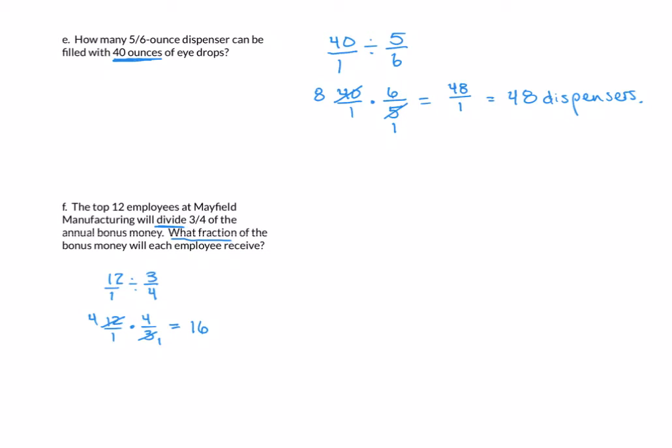So what we need to do is actually start with the annual bonus money, or the fraction of the annual bonus money, and we want to divide it by 12 people. So if we do this, we get 3/4. We're going to copy dot flip.